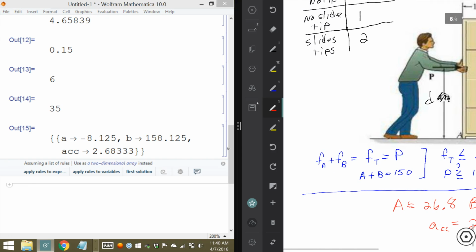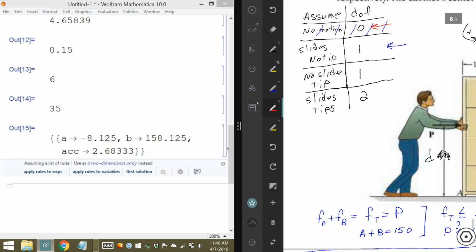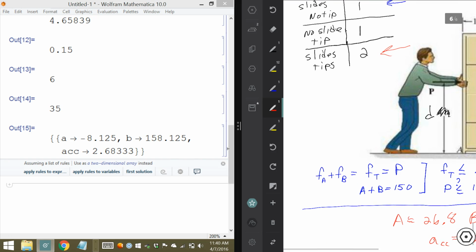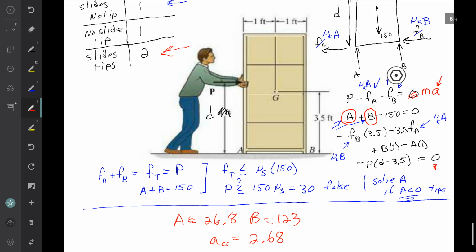So if D was equal to 6 like this, then I'd go to the 2 degree of freedom situation where I know he's tipping, and I'd solve that one. We haven't gotten to the point of solving the bodies when they are rotating, so I'm going to leave that to the next section. But hopefully you can see how to make assumptions and make these things work.